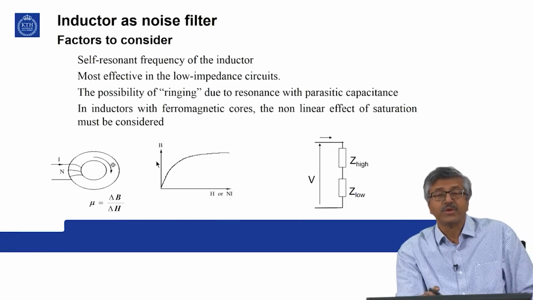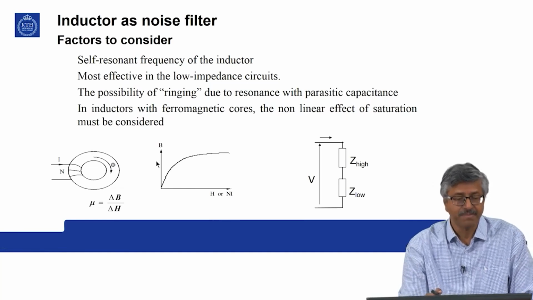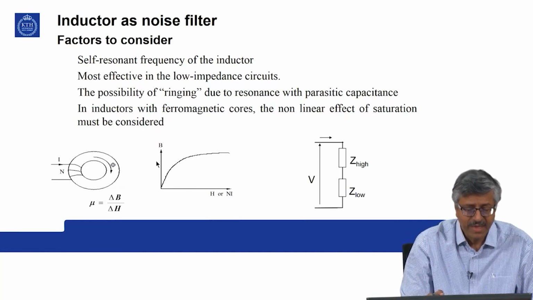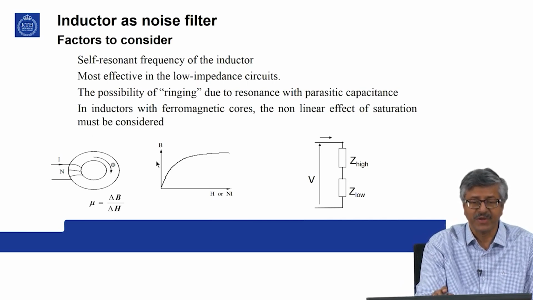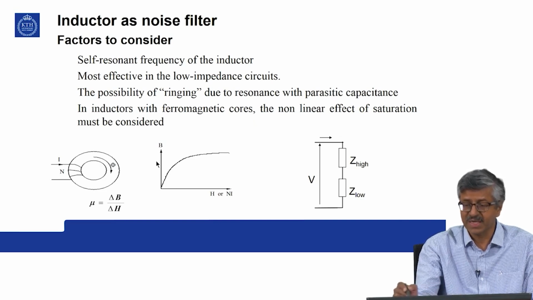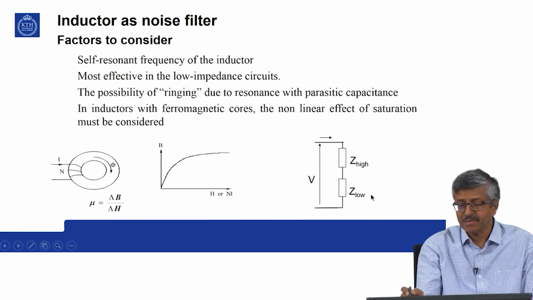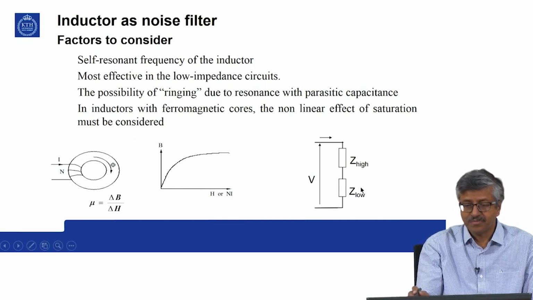So, inductors are also used as a noise filter. Here, what are the factors to consider? One is the self resonance frequency of the inductor, and the inductor is most effective in low impedance circuits, because inductors are connected in series.